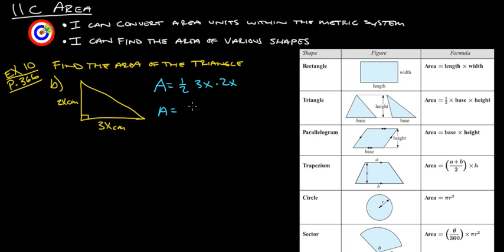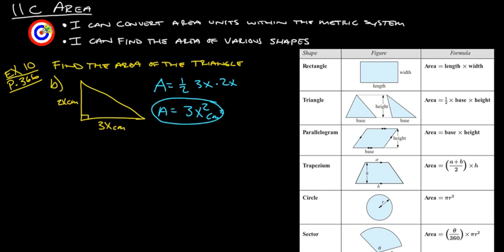So 3x times 2x is 6x squared. Half of that is 3x squared. That would be the area of this triangle. Rocket science? I think not. And this really should be centimeters squared, because these are centimeters here.